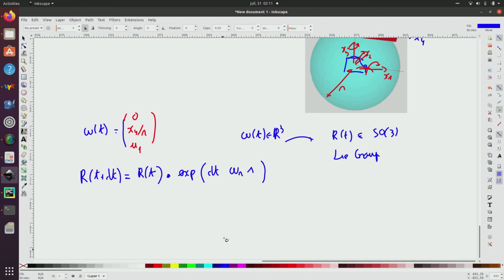So this corresponds to the adjoint of omega r, and it is a skew symmetric matrix. This one is almost 0 due to the fact that I have dt. So this one is almost equal to identity. This means that r of t plus dt is almost equal to r of t. So it is the evolution of r of t.